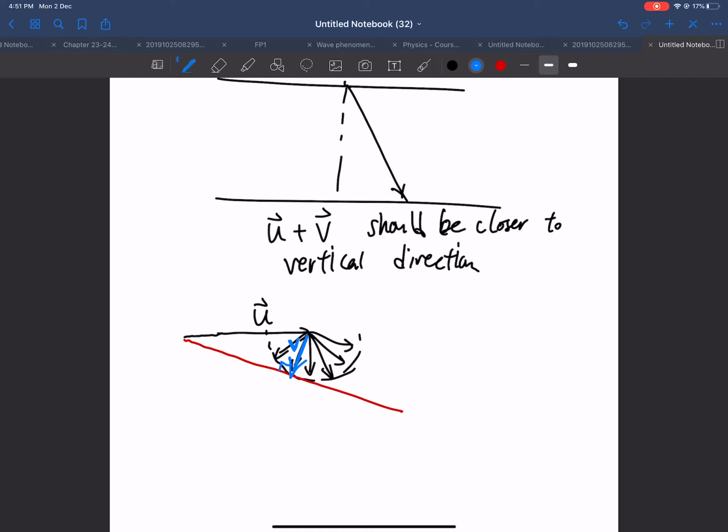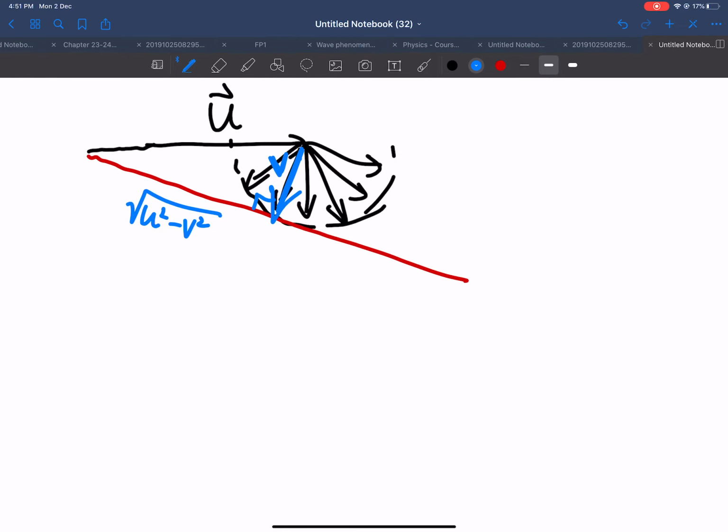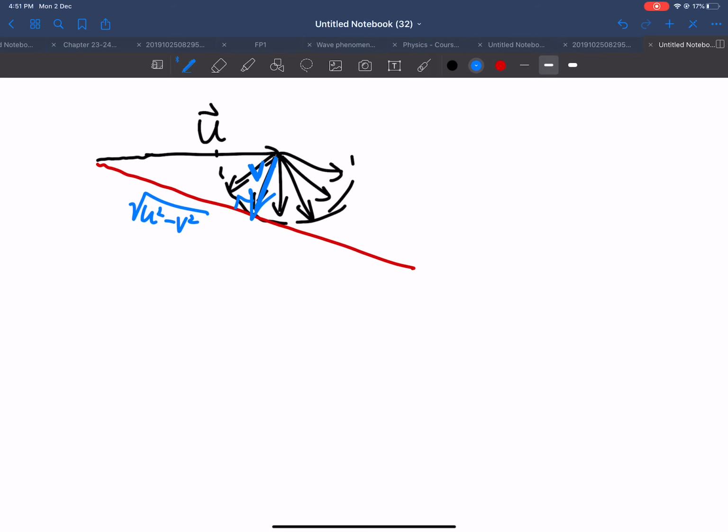That means the final speed is the square root of u squared minus v squared. And also you can find the angle here already.